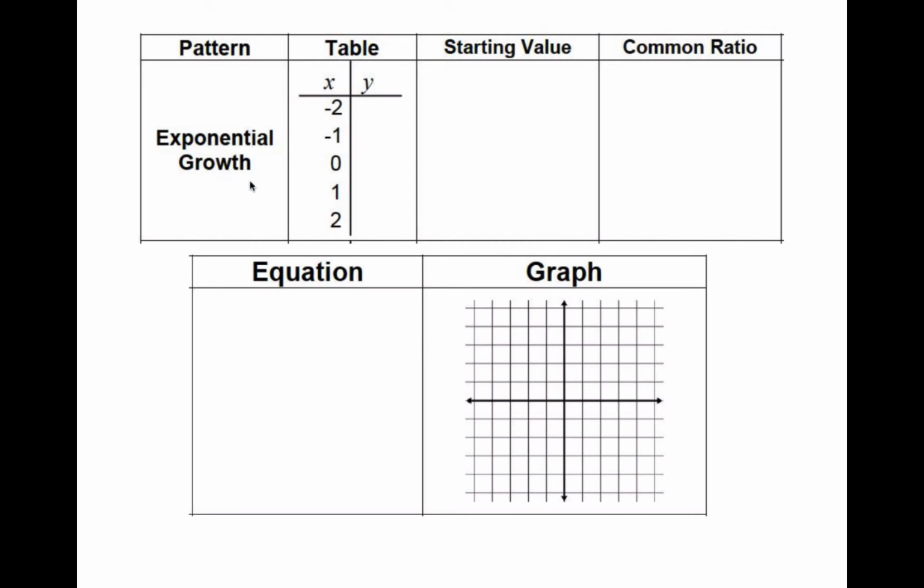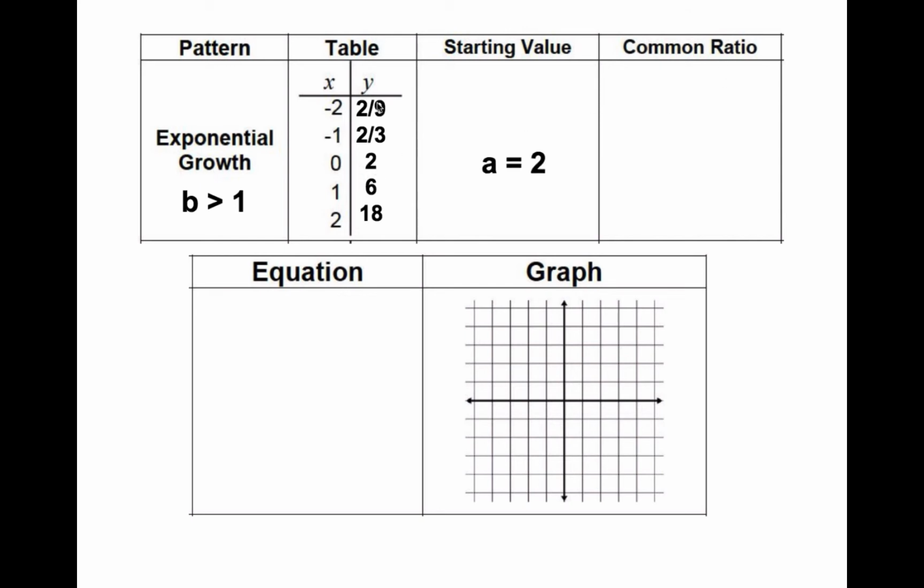So exponential growth is when you have a b value greater than 1. So you're multiplying by something bigger than 1. I'm going to make up some numbers here. If I give you the numbers 2/9, 2/3, 2, 6, and 18, based on this whole table, the starting value, your y-intercept, is 2.